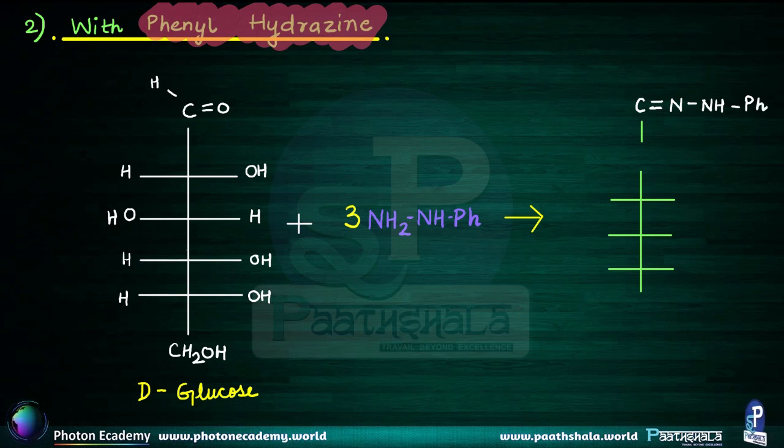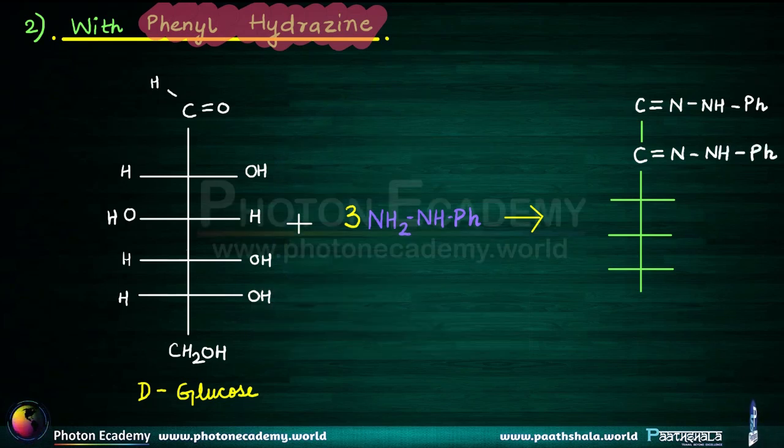One look at it and we know this N, NH and Ph is coming from phenylhydrazine, and the second carbon also is going to follow suit with the first one and show a similar structure. So here we have two similar-looking groups attached to our carbons, and the rest of the valencies let us just fulfill with the remaining groups, which look exactly the same.